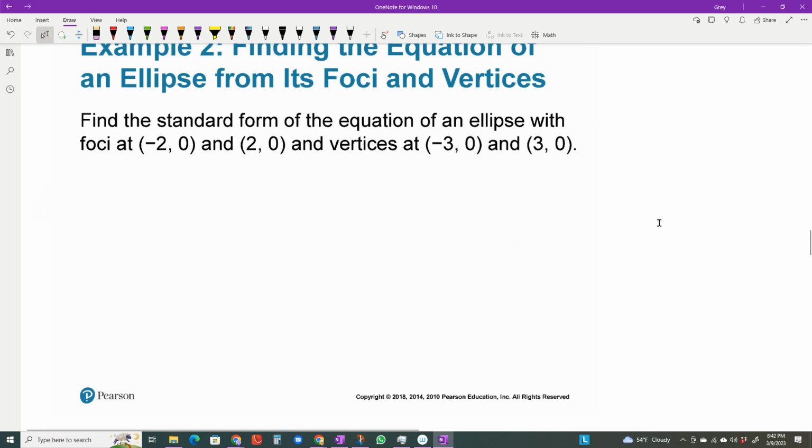This time we're going to go backwards. And that is we're going to go find the standard form of the equation from a graph or from information given. So the information given here, I'm going to go ahead and plot it because I'm a big fan of pictures and being able to solve a problem. First and foremost, we want to know that halfway between, well, let's label these points.